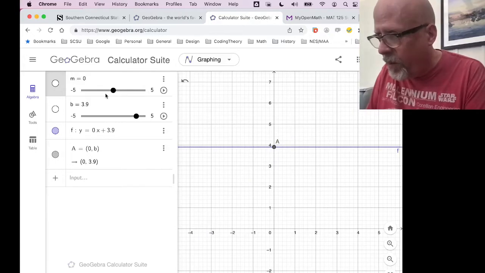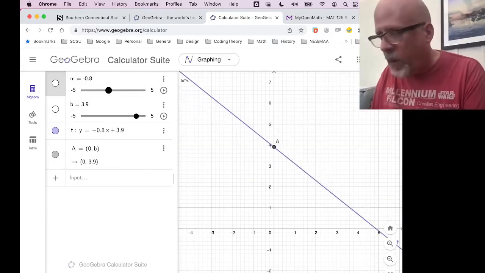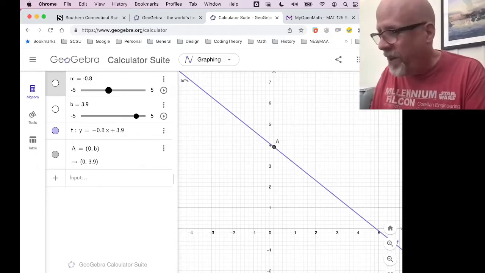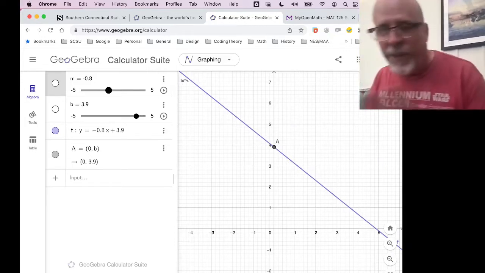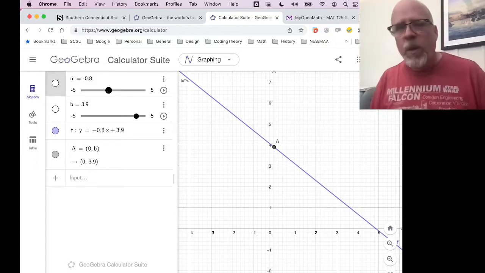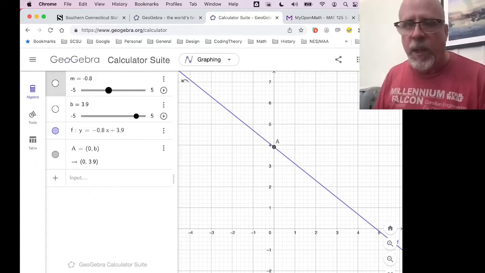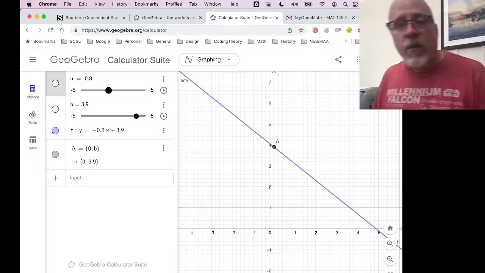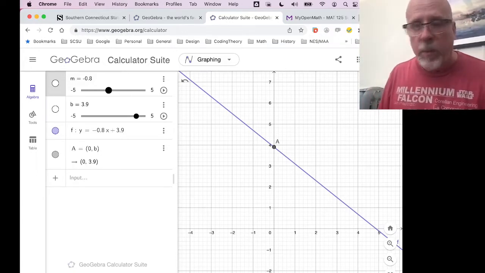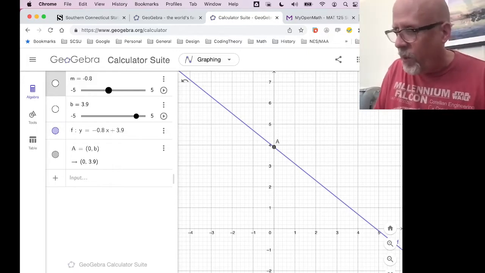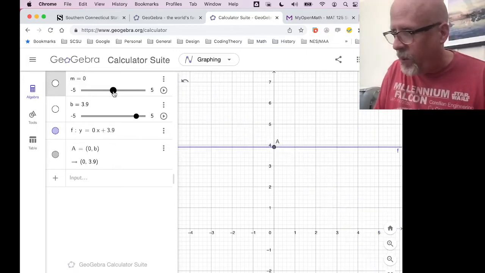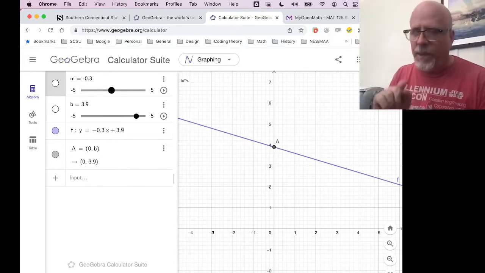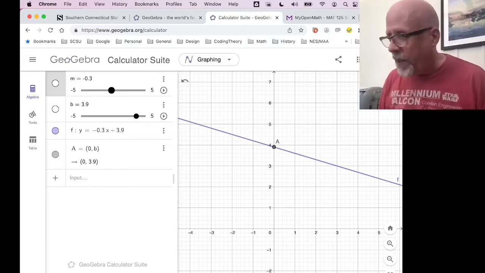On the other hand, if it was profits and I had something that looked like this, I'd be looking for where's the problem, right? If my profits right now are 4, I don't know what the units on that are. Maybe it's $4 million a second is what we're bringing into this company, but it's going down like that. In 5 seconds, it's going to be at 0, and that would be really, really bad. So you would hope that you don't have this kind of downward angle on your profit function, but sometimes you do, and that's actually one of the things we'll view a lot in calculus.